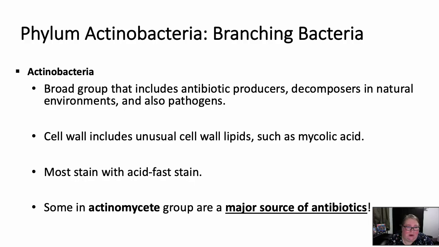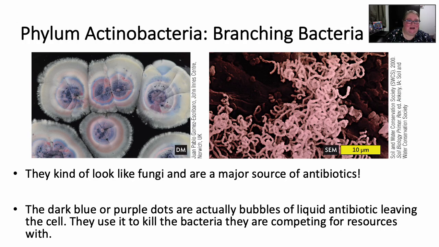Now, one thing that's important to know for your next exam is that the group in the Actinobacteria that produce antibiotics are the Actinomycetes group. Okay, this is going to be our ones that make our antibiotics. Okay, so this is what I mean by branching bacteria. It really does look like a branch, like not just single bacteria, but a lot.